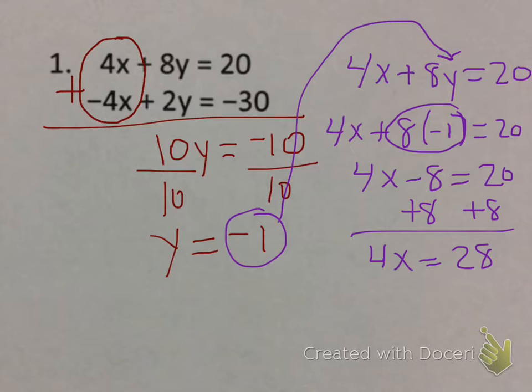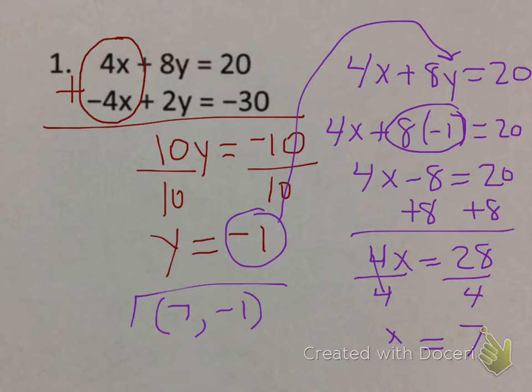Still continuing to isolate the variable, get rid of the 4 by dividing it to the other side. Cancels on this side to x, and on this side, I get 7. So if my x value is 7, it's the first part of my ordered pair. My y value is negative 1. My solution is that ordered pair, 7, negative 1.